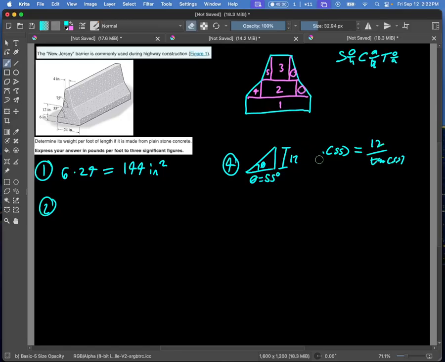Now tan goes away and we're left with x equals this. So our length here is going to be 12 divided by tangent of 55, which is 8.40249, but 8.4 should be close enough.